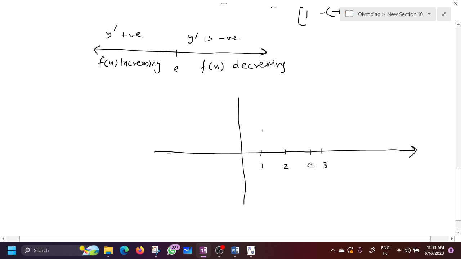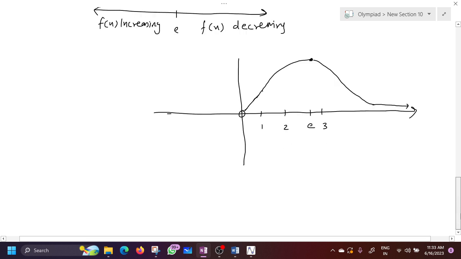Actually the function is not defined for negative values, so I will start from here, and we will start like this. The function will go on increasing, reach the maximum point here, and then it will start decreasing, and it smoothly decreases. So this is how the function should look.